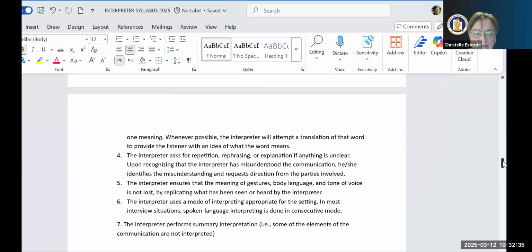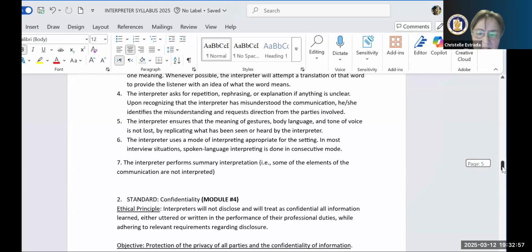The interpreter uses a mode of interpreting appropriate for this setting. In most interview situations, spoken language interpreting is done in a consecutive mode. So consecutive means like right after, right? The person says something and then right after, the interpreter performs a summary interpretation. Some of the elements of the communication are not interpreted.